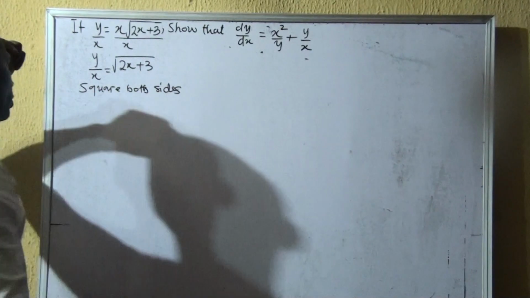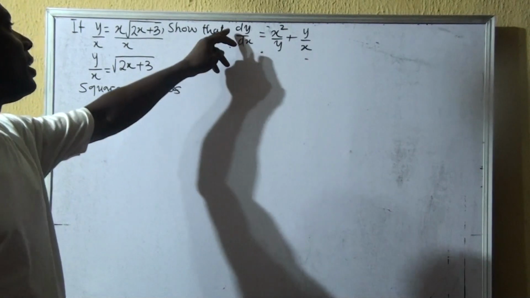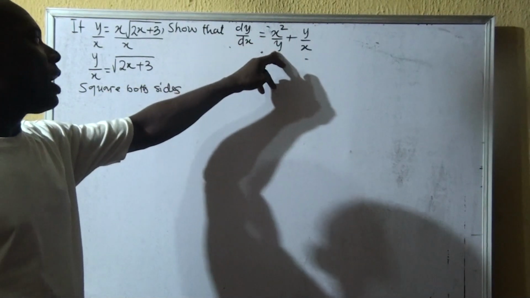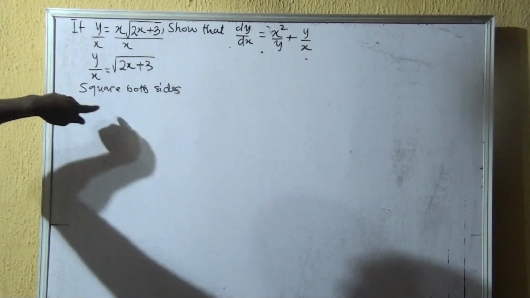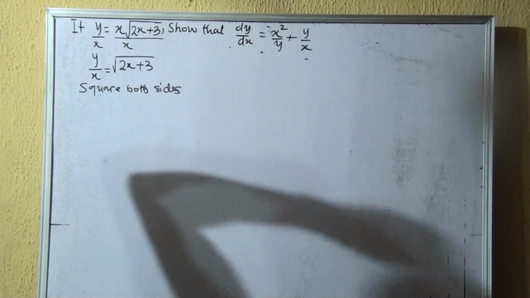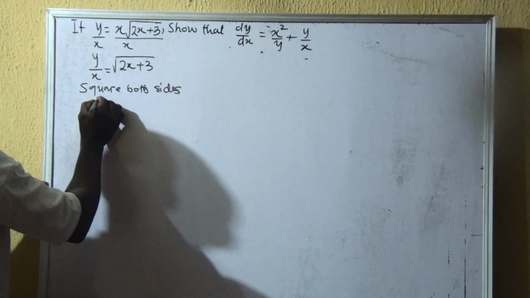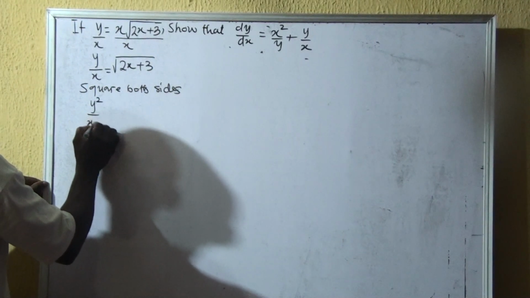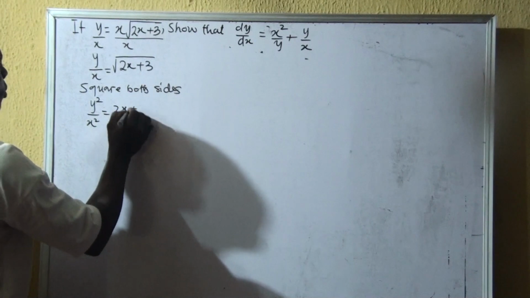So for us to be able to arrive at this, dy/dx is equal to x squared over y plus y over x, we must also handle the square root, and by squaring both sides, this becomes y squared over x squared is equal to 2x plus 3.